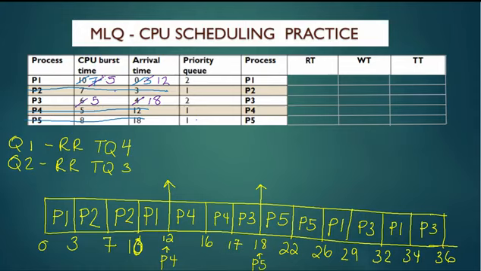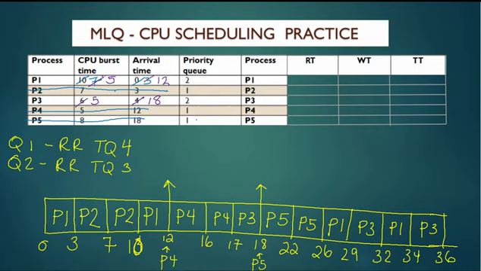And if you add up all of these CPU bursts, 10, 17, 23, 31, 36, you will see, since we have 100% CPU utilization, the amount of time that this simulation takes is going to match the CPU bursts.